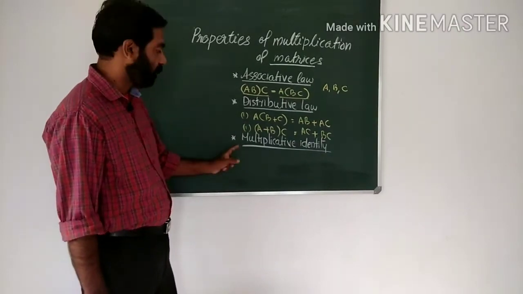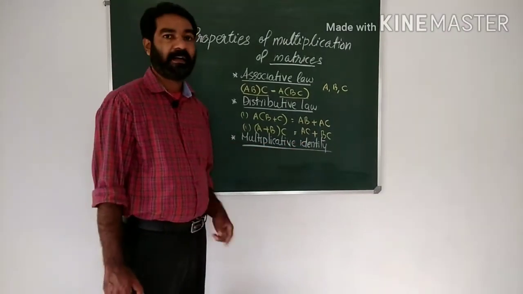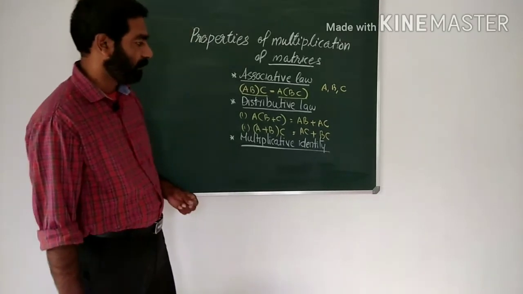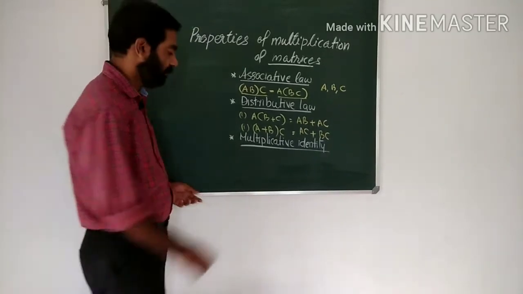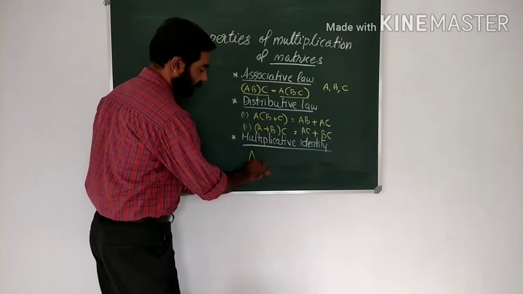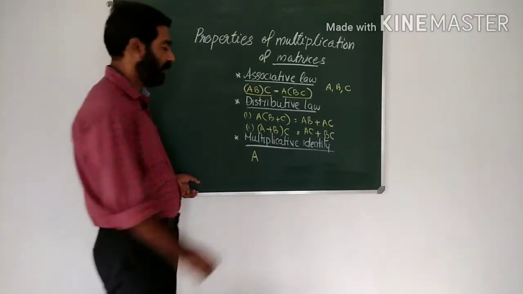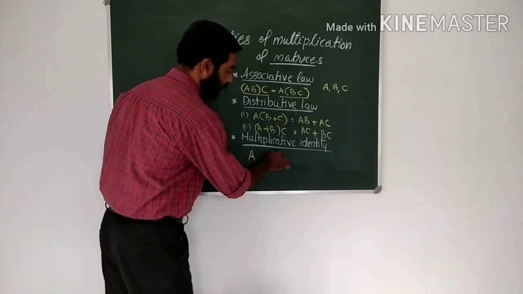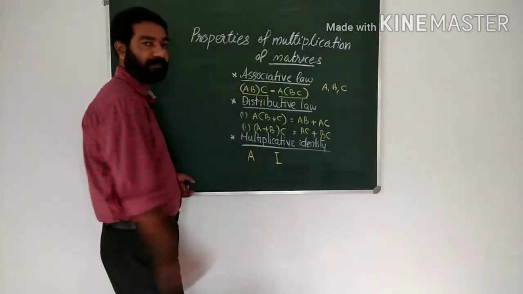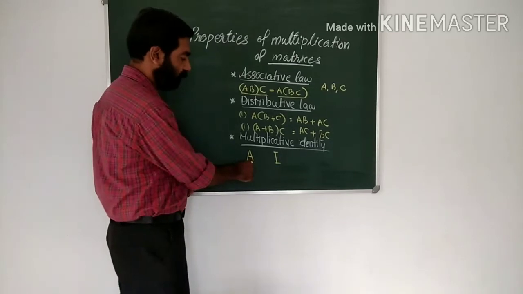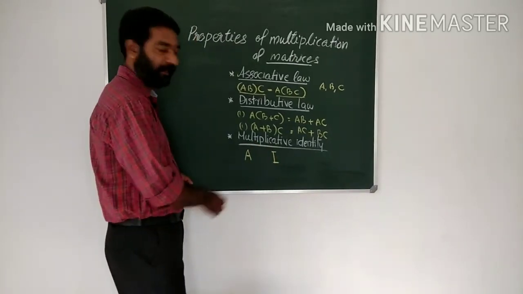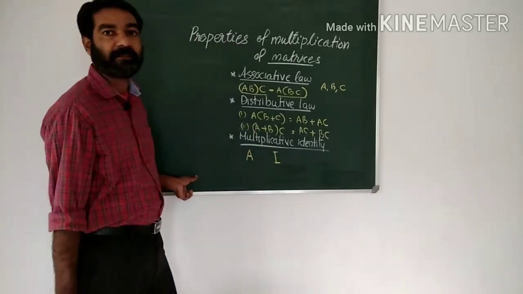The third property is the multiplicative identity. Suppose A is a square matrix and I is an identity matrix of the same order. If A is 2 by 2, I also must be 2 by 2. If A is 3 by 3, I also must be 3 by 3.